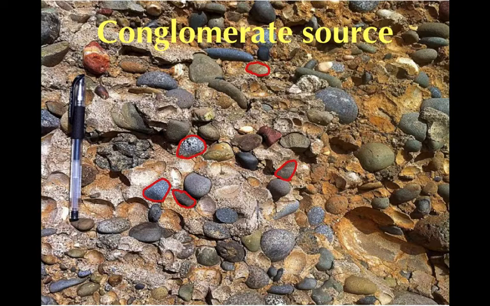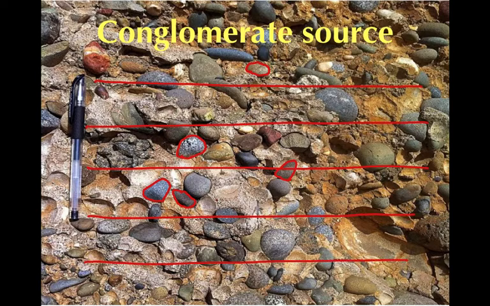The best way to do this would be to superimpose some sort of regular grid over the conglomerate, like so. And in the outcrop, we can use something like a volleyball net. And then just simply count what type of clast you hit at each node of the grid.